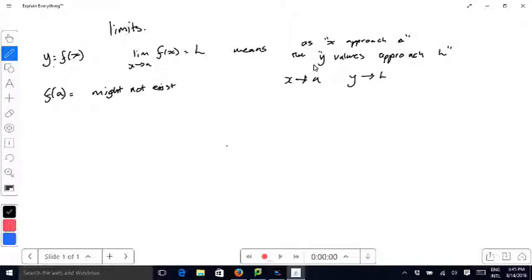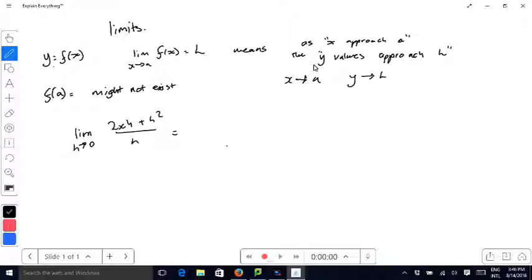We had a look at this last time from first principles, when looking at the value h as it approaches 0, with the function 2xh plus h squared over h. From this we can't substitute h equals 0 exactly because we'd be dividing by 0.